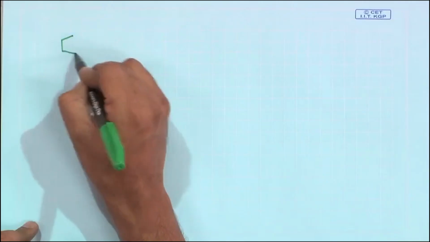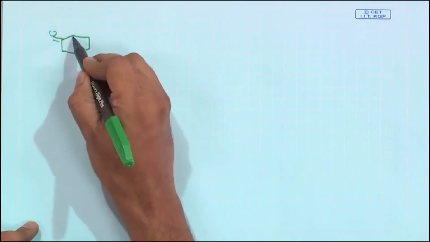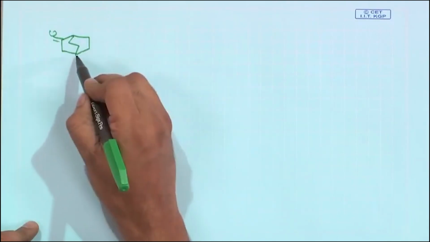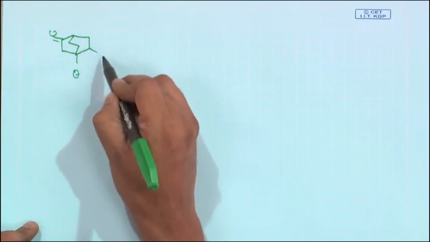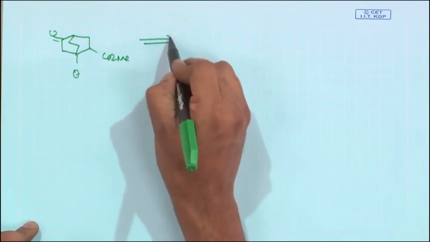There is also another way through which you can visualize the entire synthesis. I will try to analyze whether this molecule can be disconnected in another way. The answer is yes, definitely you can do it. Now, see how we can do it.